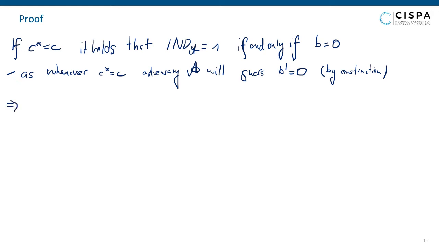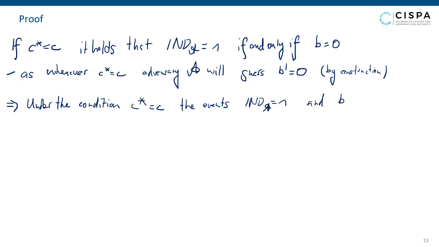What that means is, under the condition C star equals C, or challenge ciphertext being C, the events int A equals 1 and B equals 0 are equivalent.